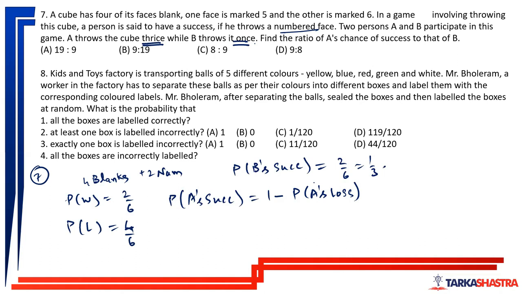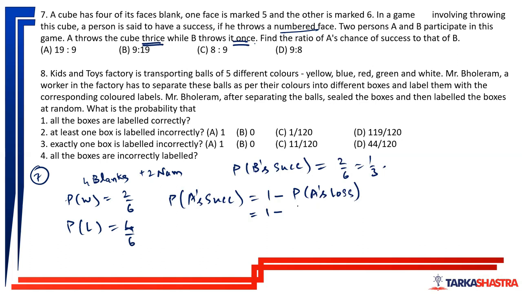But if I eliminate all the cases in which A has lost, then I'll get all the cases in which A has won or is successful. So 1 minus probability of A's loss.